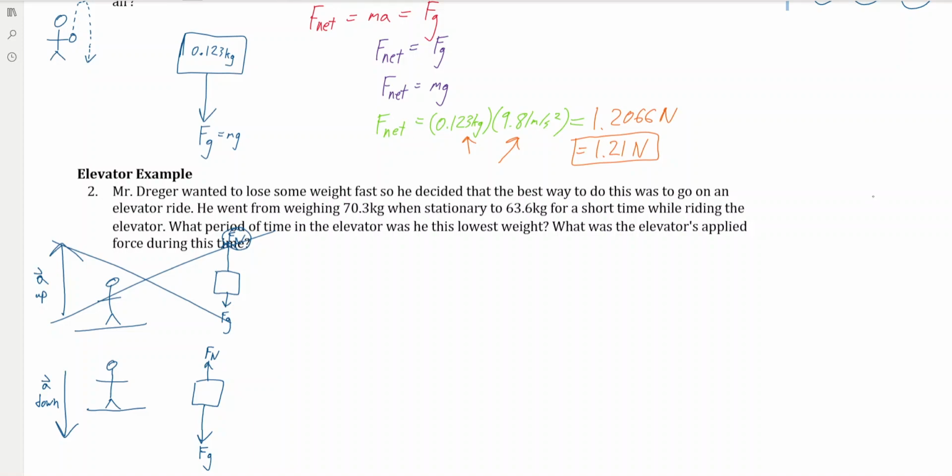So now let's write our Fnet statement. Fnet equals ma equals Fg minus Fn. Okay, so normally, in the normal situation, Fg is Fn. So when stationary, this is the mass when stationary.